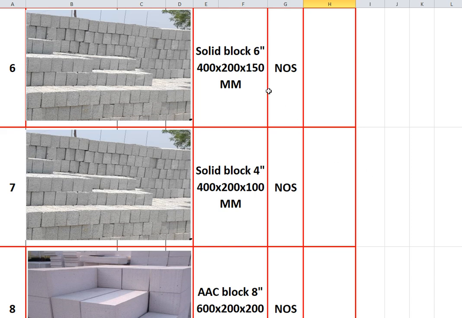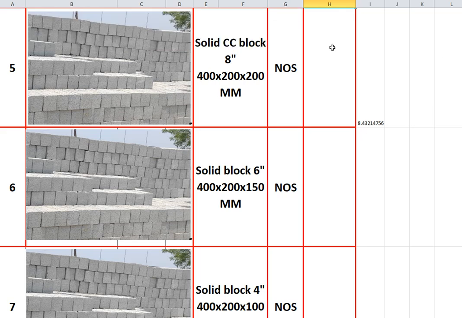So we have solid blocks. Solid blocks come in three different sizes: 8 inches, 6 inches, and 4 inches. The dimensions are 400 by 200 by 200 mm, 150 and 100 mm. These are the three types of blocks involved. The rate of the 8 inch block is 44 rupees.